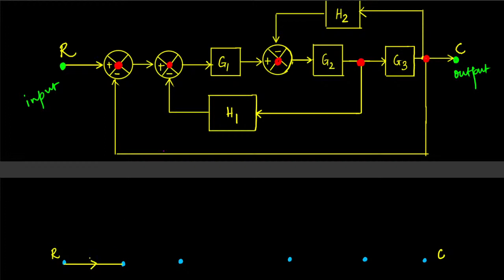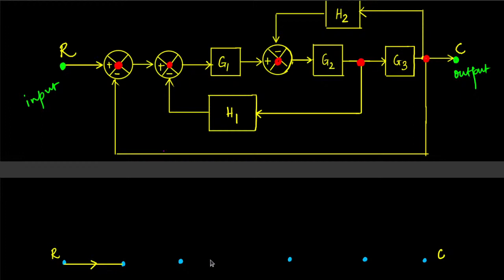So is this depiction correct? If this is the vertex, then a certain signal is traveling from R to this vertex. That is the depiction here. This is the node, and there is the connection between them.